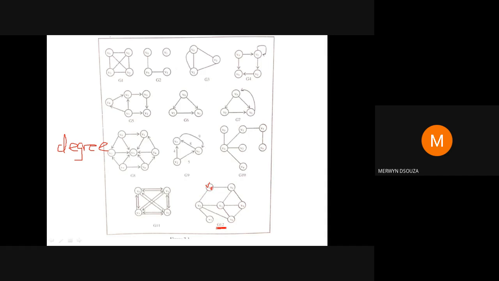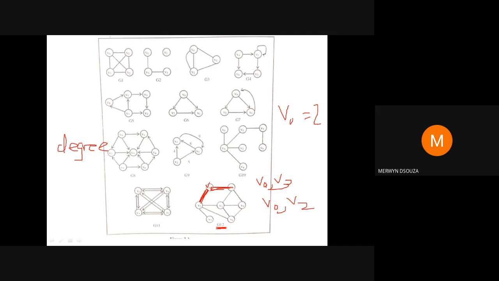There are two edges that contain V0: V0 comma V3, this edge, and V0 comma V2, this edge. Since two edges are incident on V0, the degree of V0 is 2.